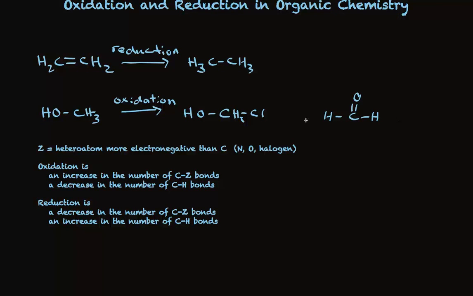Compare that one to the one on the left. They have the same number of CH bonds. They have the same number of CZ bonds. This double bond counts as 2. So this is neither oxidation nor reduction. These two guys are the same oxidation level.